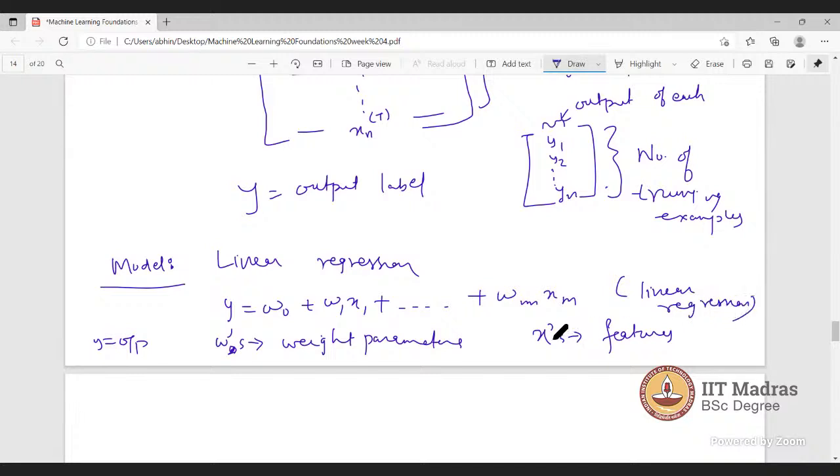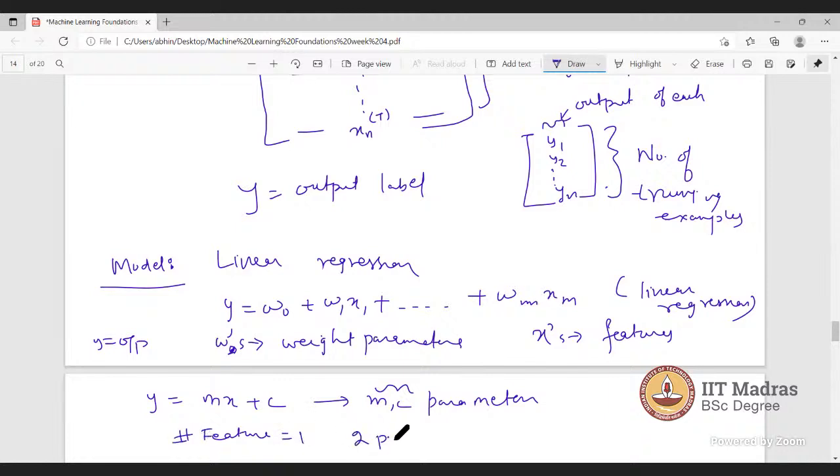Okay, next thing, for a given number of features, suppose we have one feature, then our equation is something like this: mx plus c, right? So here we want to learn m and c. So m and c are what? Parameters, right? So for number of features equal to 1, I need 2 parameters to learn the model.